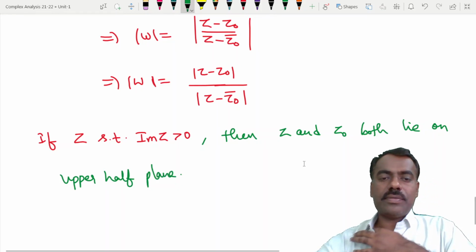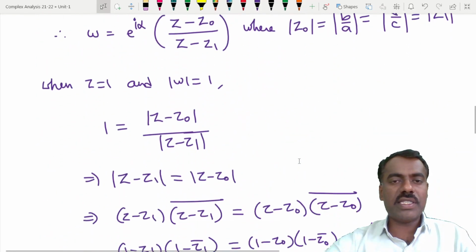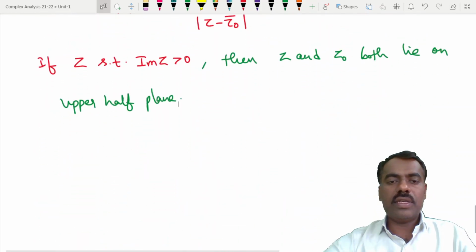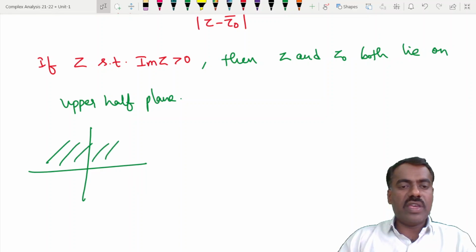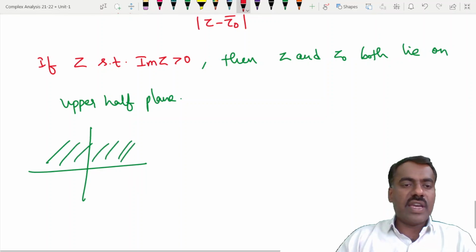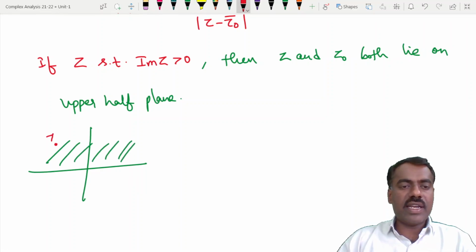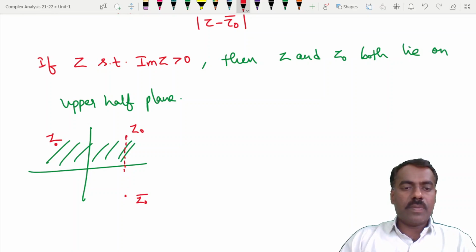If you go to this picture, you can draw it one more time here. Somewhere is z and somewhere is our z0, both in the same upper half plane. Since z0 bar is its conjugate, it lies on the perpendicular line to the x-axis.